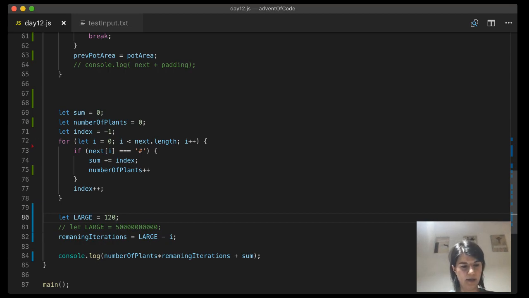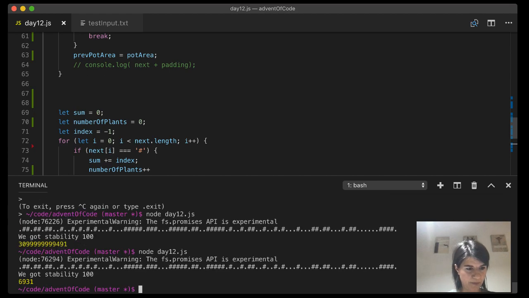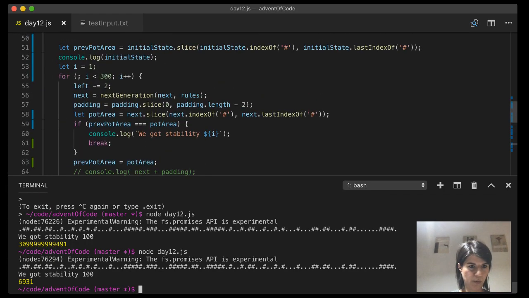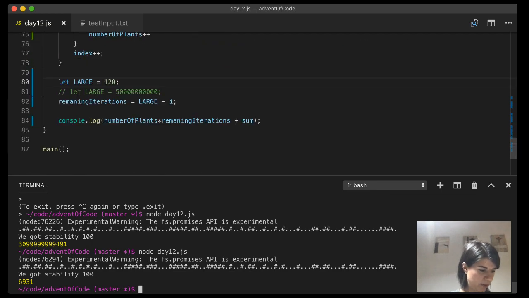Ah, shoot, I deleted that number that I had written down for 300. So here I'm getting 6,931. Yeah, the index increases, and so if the index increases, every plant that I have is increasing by 1 on every iteration, so I'm taking number of plants multiplied by remaining iterations. So I'm getting 6,931 for going to 120.